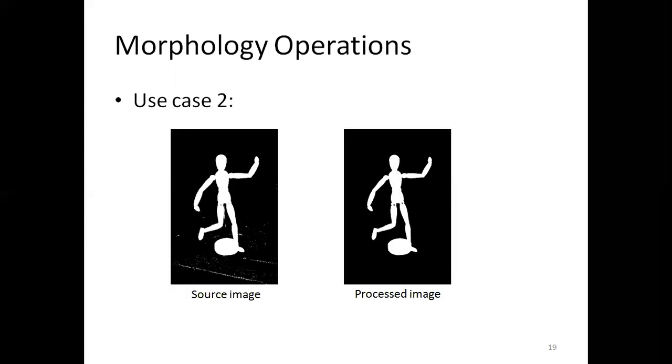Okay, let's see the next use case where we are given an image. The source image is given on the left side. This is actually an output of a segmentation model. The model has segmented a person correctly, but it has also given some other pixels which we don't want in our final output image.